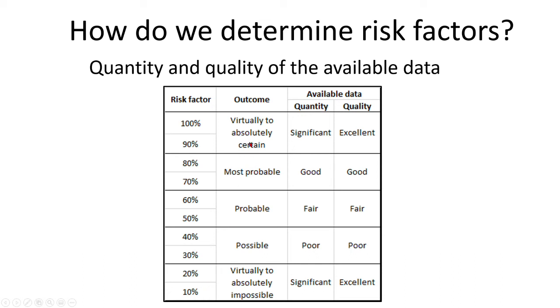So you have the outcome, virtually certain to virtually almost impossible, and you have to look at the quantity and quality of data. So it's pretty subjective, but you can look at this, and for each parameter you can see where we are on this scale. But the team has to estimate the probability for each risk factor.